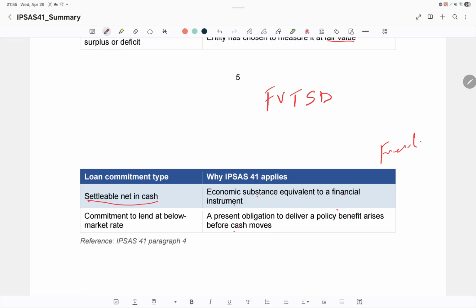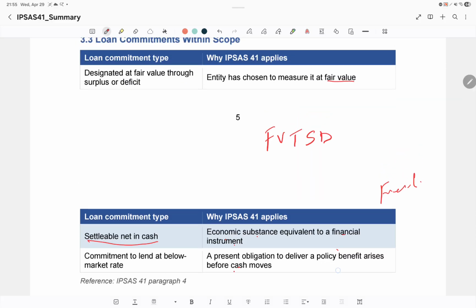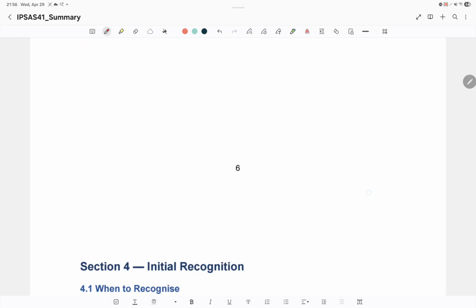Imagine under this IPSAS, once you commit, and it is a legal commitment, something legally binding that you have committed yourself to, that becomes a present obligation to deliver that benefit. It is recognized even if cash doesn't move out immediately. So first you recognize in your books.